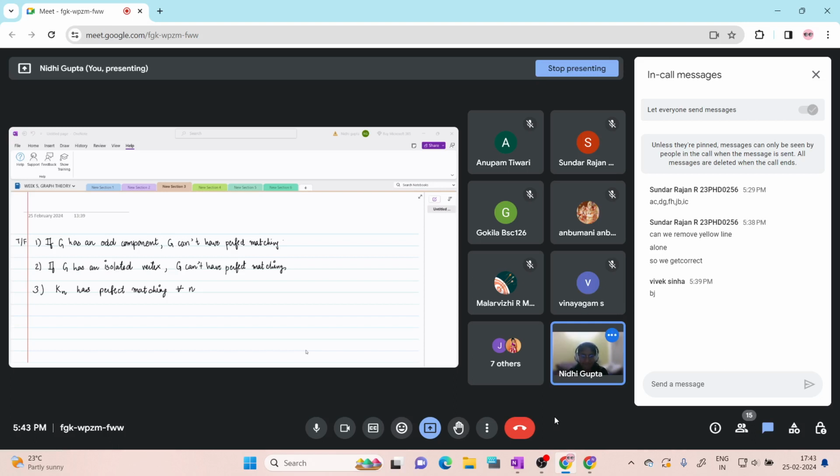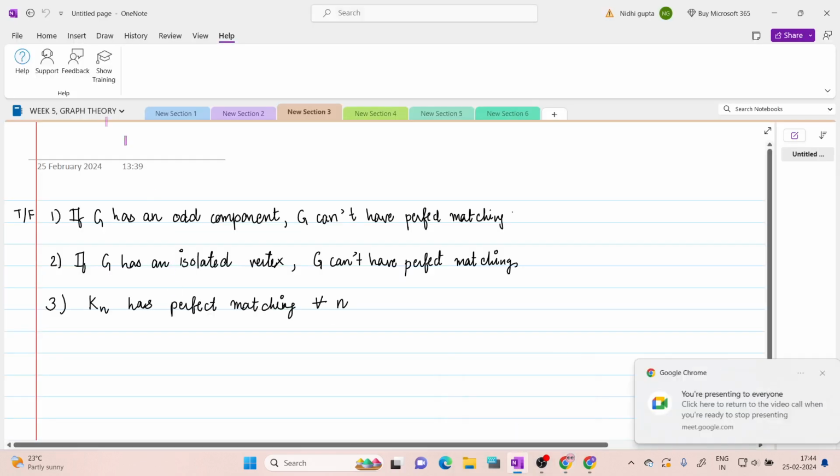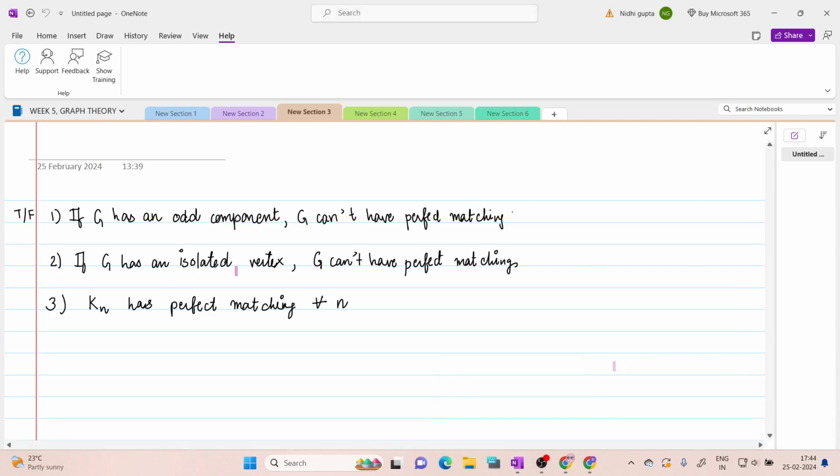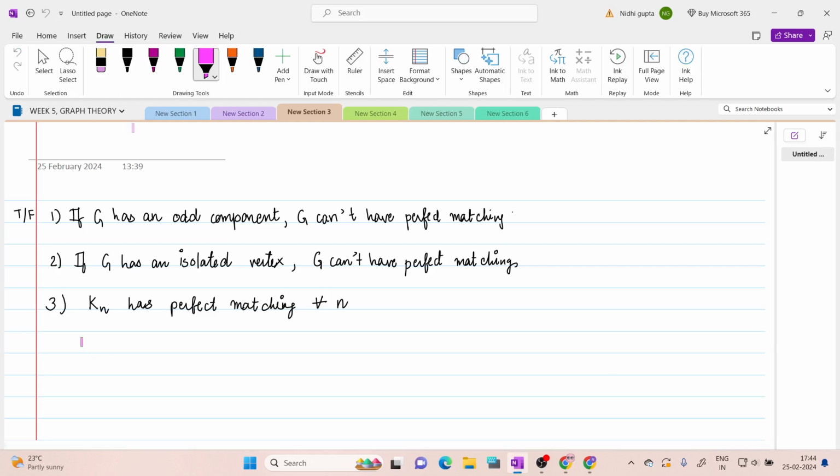Then suppose G has 2n plus 1 vertices. So if G has an odd component, then this implies that G has a component of 2n plus 1 vertices.